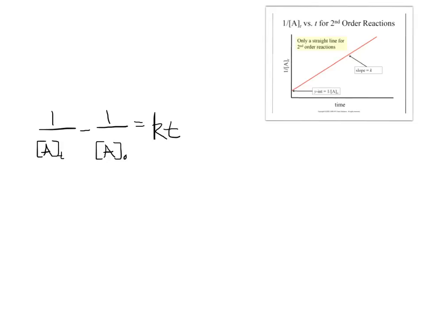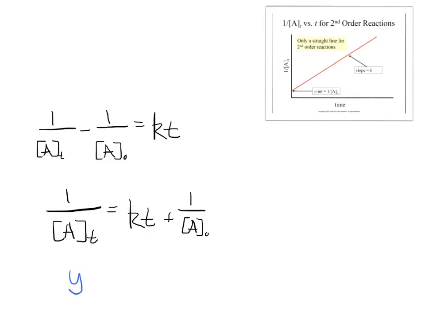And if we rearrange that once more just to solve for the concentration of A after a given period of time, because that's what we're most interested in, we would see that 1 over A sub t equals k times t plus 1 over A naught. And so what does that mean for us?